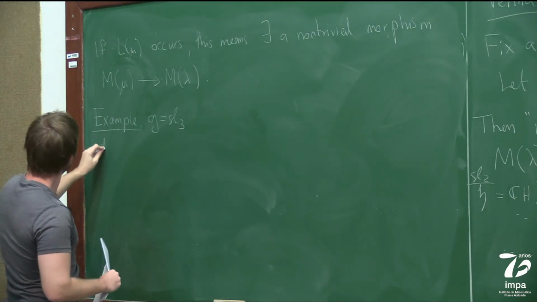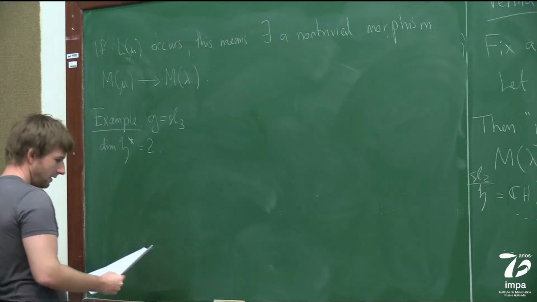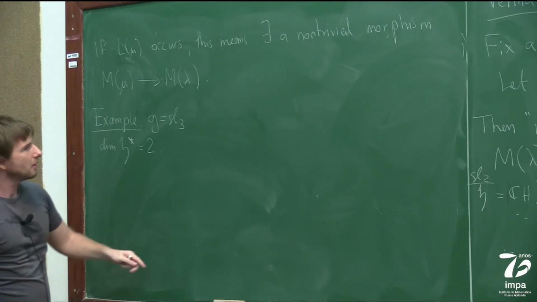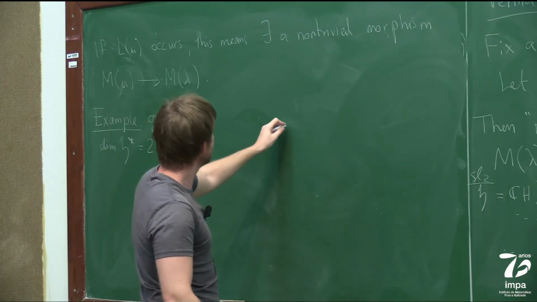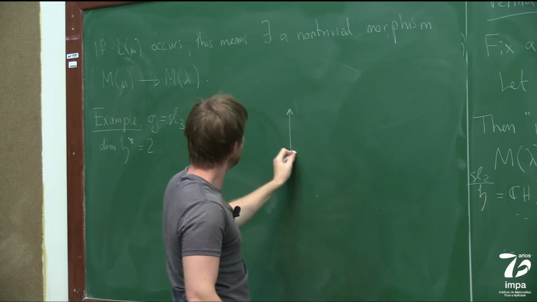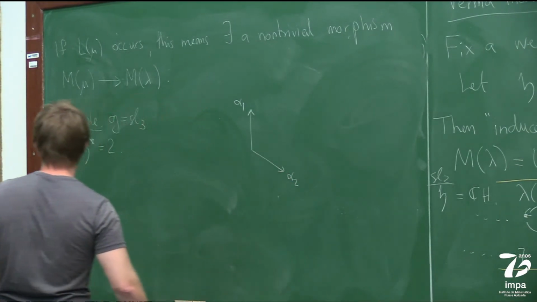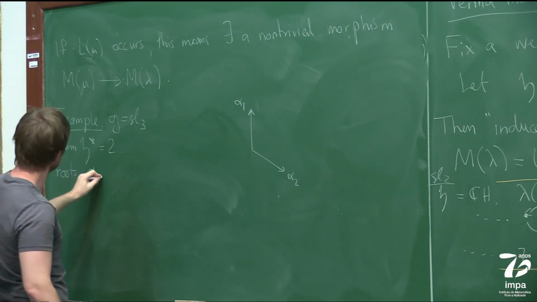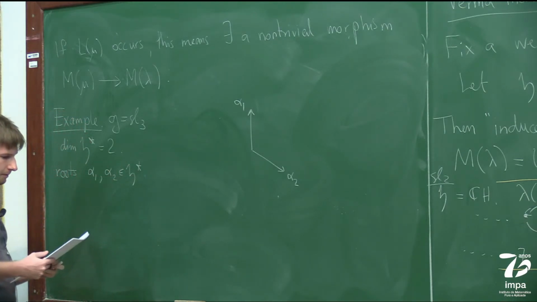Now our h-dual is two-dimensional. So inside this space, I'll draw h-dual here. Inside it, we have firstly two roots, alpha 1, alpha 2, the simple roots.